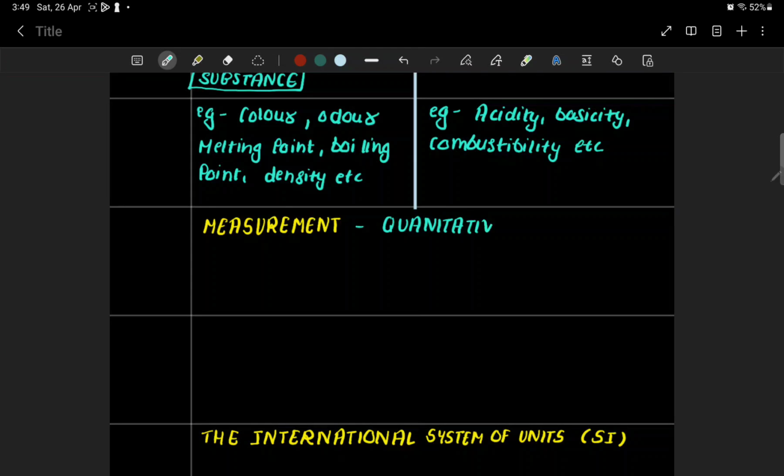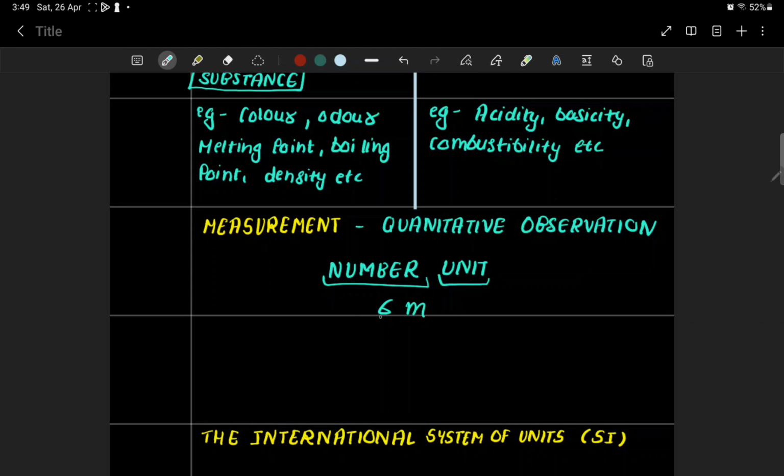Quantitative observations are represented by a number followed by a unit. Example: 6 meter. 6 is a number, meter is a unit.